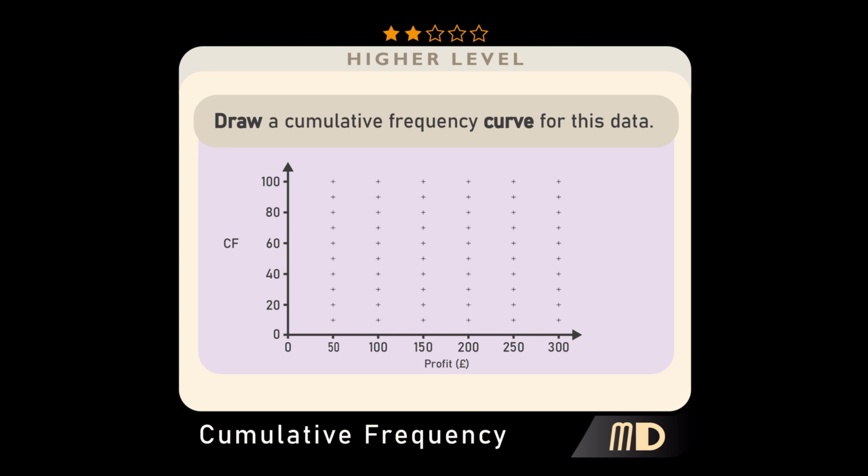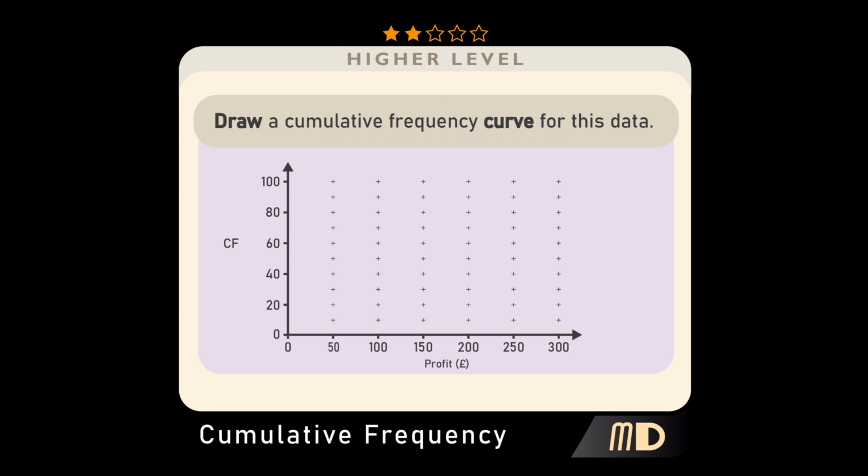The grid we've been given has an x-axis representing profit in pounds from 0 to 300, and a y-axis representing cumulative frequency from 0 to 100. The first entry in our table is 10.